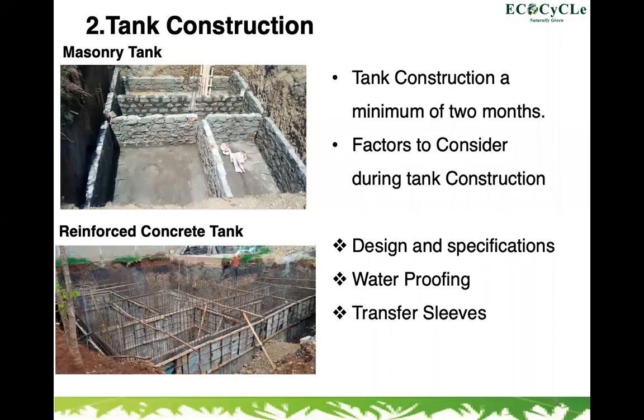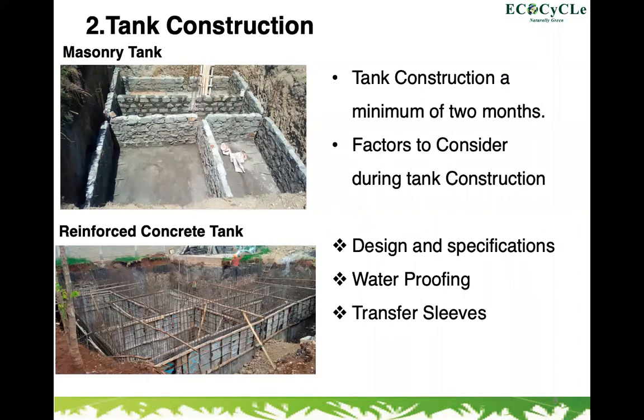So there are factors that we have to consider during tank construction. For one, the tank being constructed has to meet the design and the specifications that the EcoCycle team will share with the client. And then the tanks that are being constructed also must have very good waterproofing done. Like I said, one advantage is to minimize groundwater pollution.